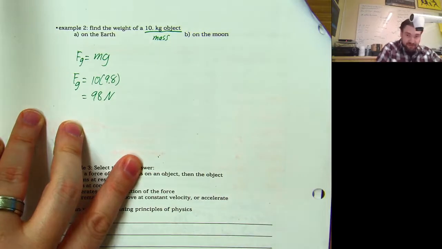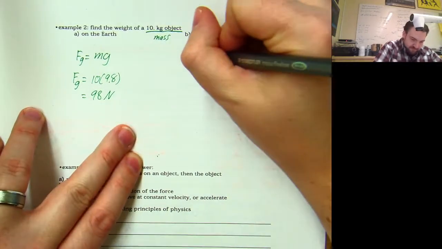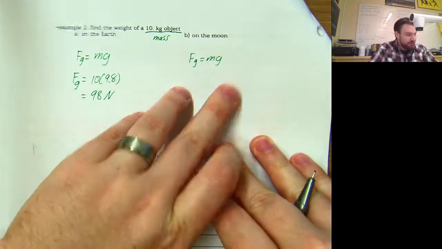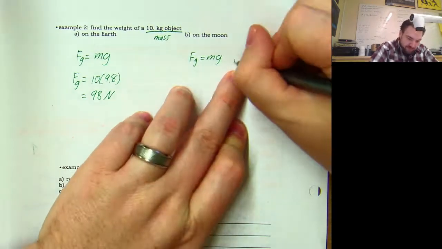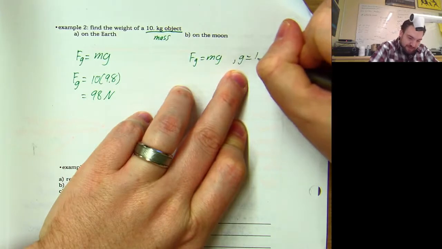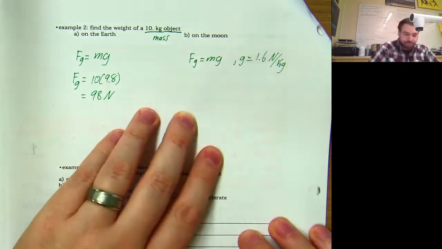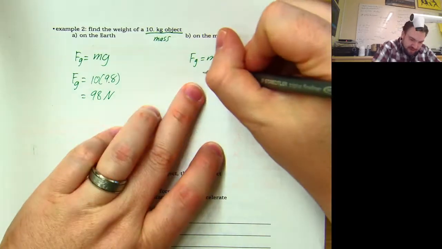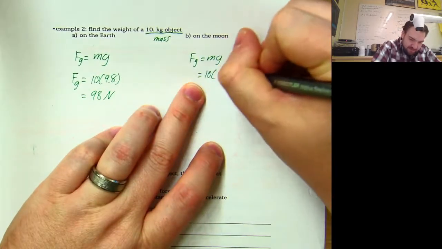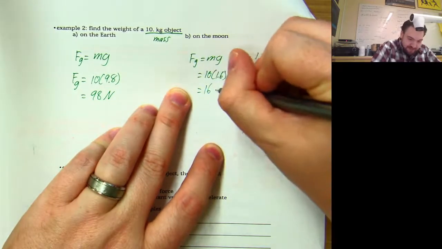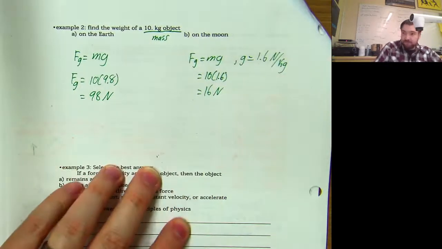That same object is going to have a different weight on the moon. On the moon, little g is equal to 1.6 newtons per kilogram. So when we run this through, it's going to be 10 times 1.6. So that same object is going to have a weight of 16 newtons.